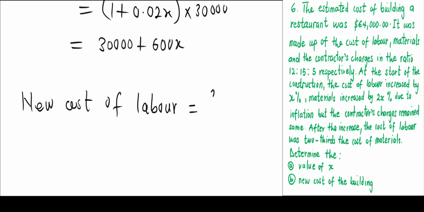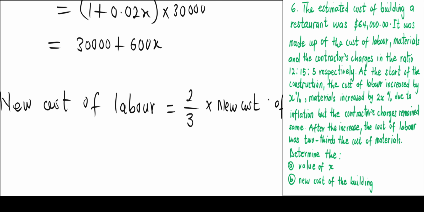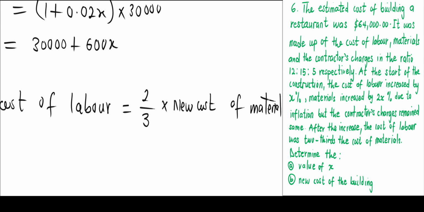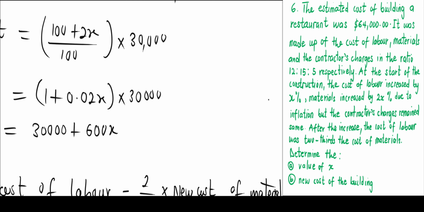So two-thirds of the new cost of materials. Okay, so this is how the equation will look like. New cost of labor is now two-thirds of the new cost of materials.